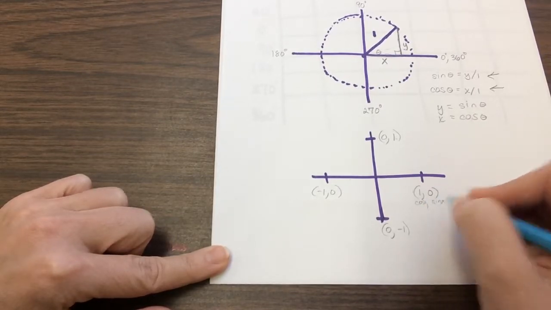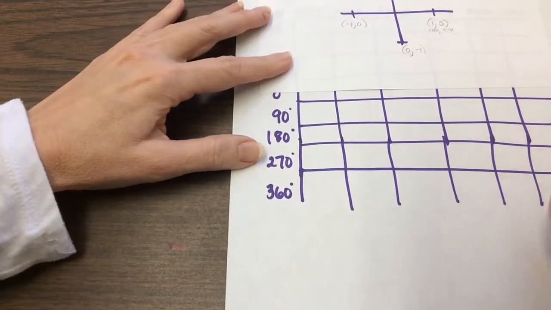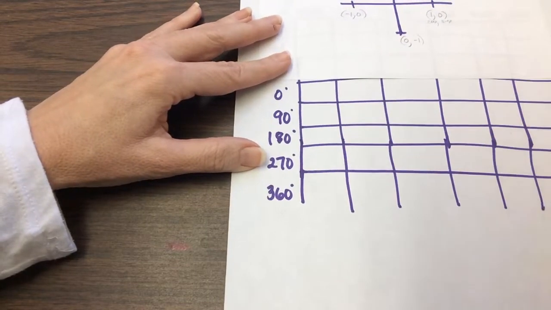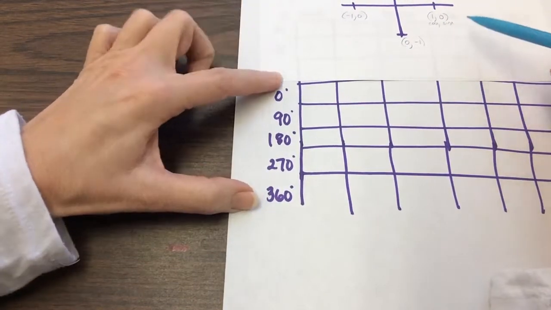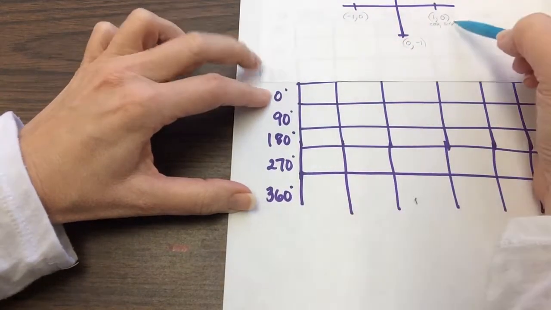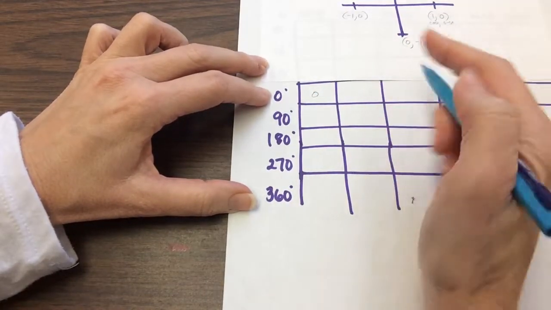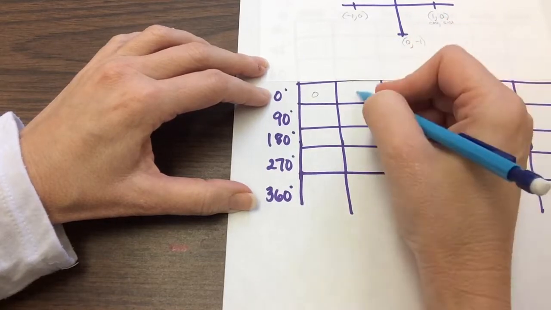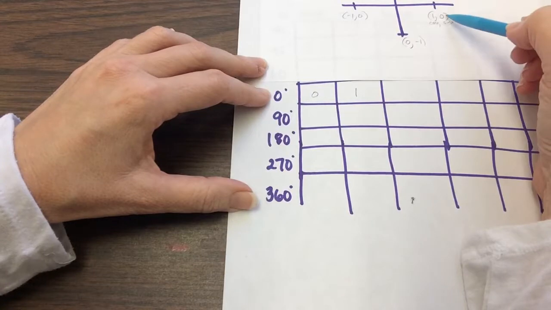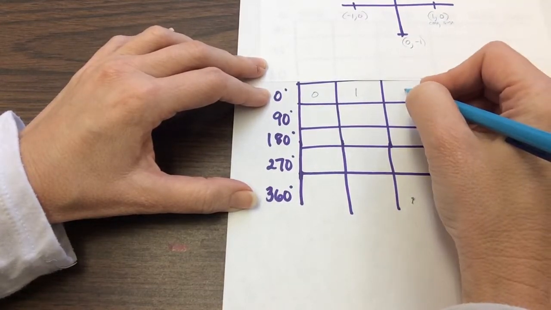Okay? So if I go back in here to fill in my chart with my quadrantal angles, let's look at 0 degrees. 0 degrees and 360, that would be the same thing. All right, if I'm looking for the sine of 0 degrees, that's my y value, that's 0. The cosine of 0 degrees is 1. The tangent would be sine over cosine, or 0 over 1, which is 0.